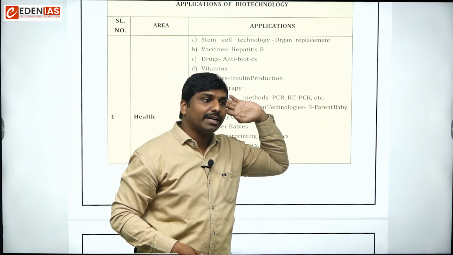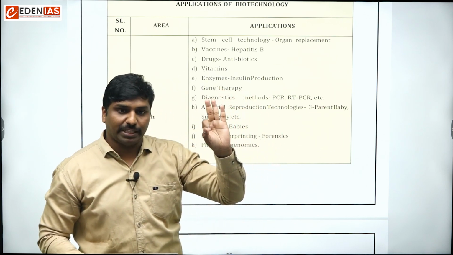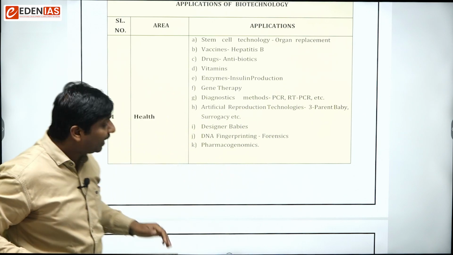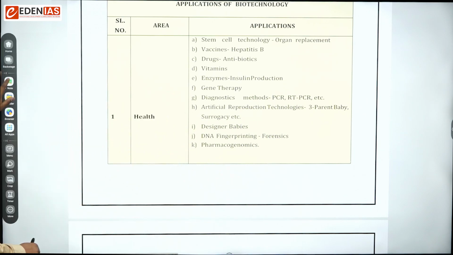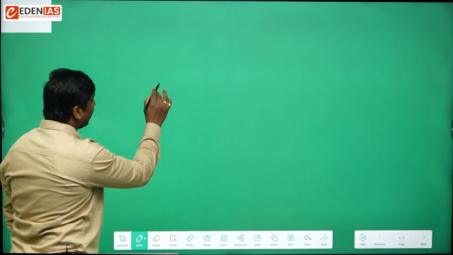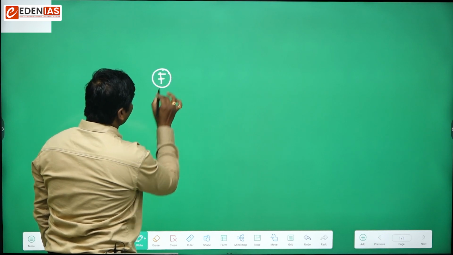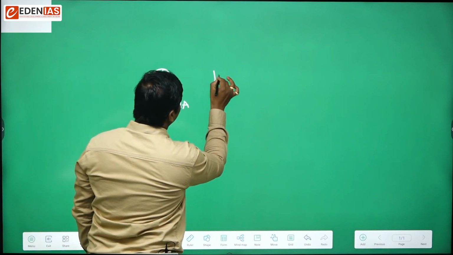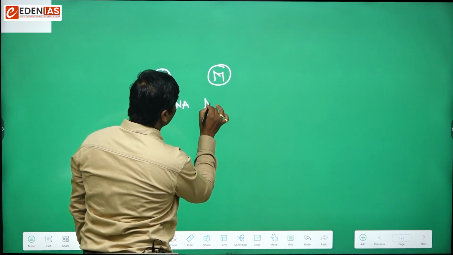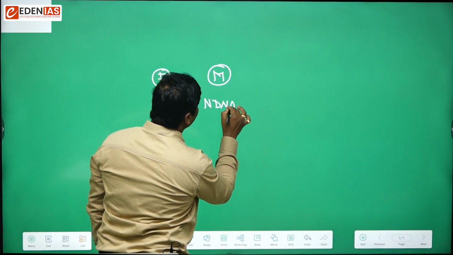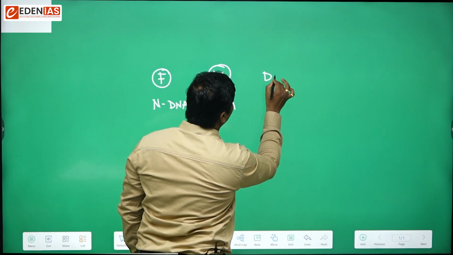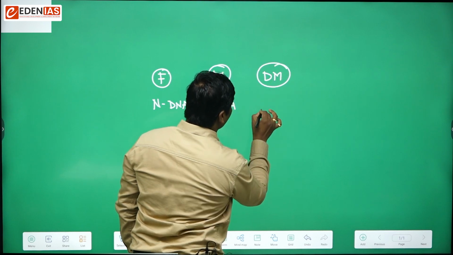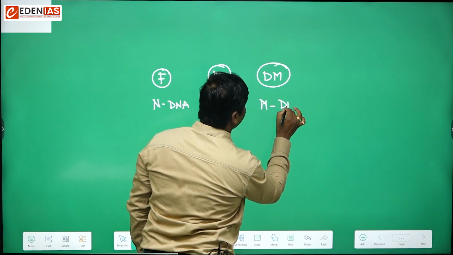So what is a 3-parent baby? Three parents would be there. One is the biological father with normal nuclear DNA, and the mother with normal nuclear DNA, and another, a donor mother with mitochondrial DNA.